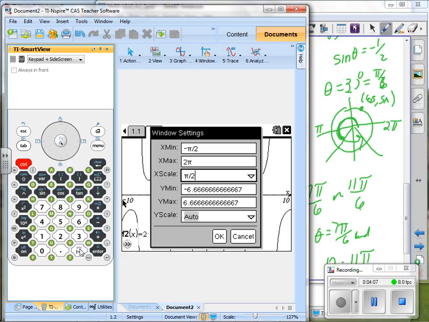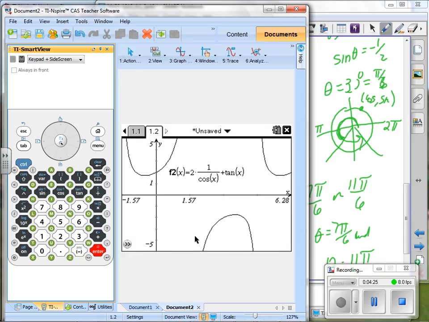I'm going to put in negative 5 to 5, scale by 1. And I'm going from 0 to 2 pi. 2 pi is all the way over here.